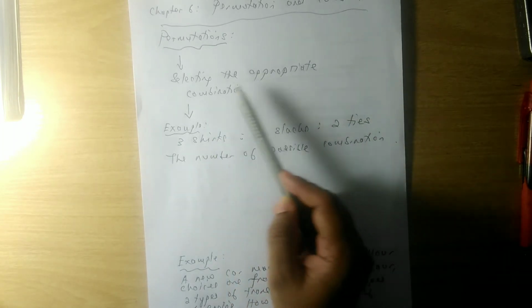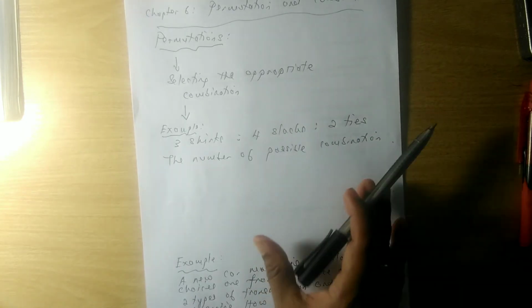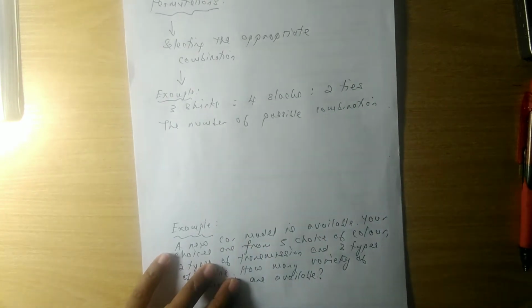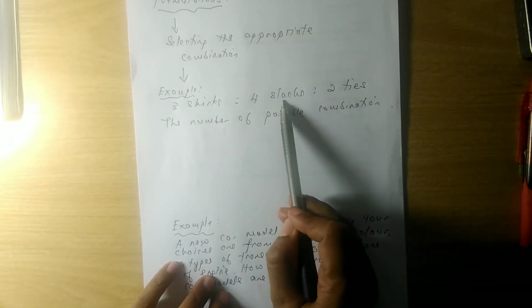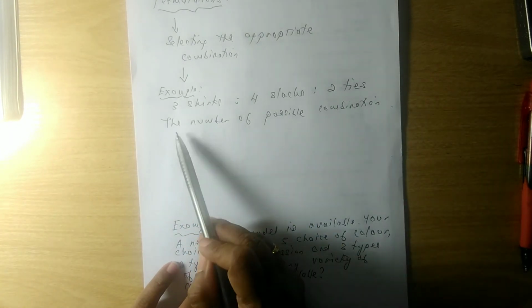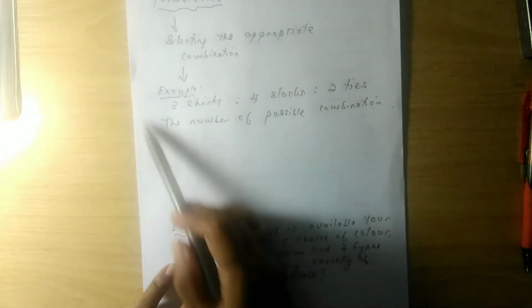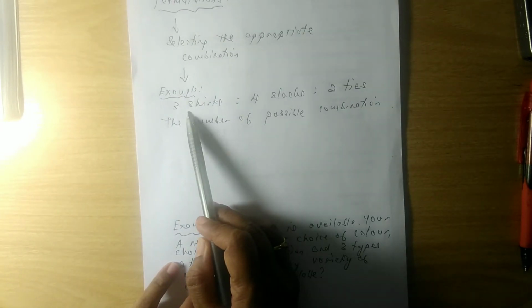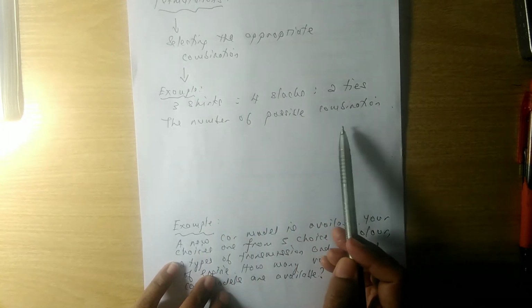It can be for anything: food, drinks, maybe something that you wear. For example, let's say I've got 3 shirts, 4 slacks, and 2 ties. I can mix and match, right?